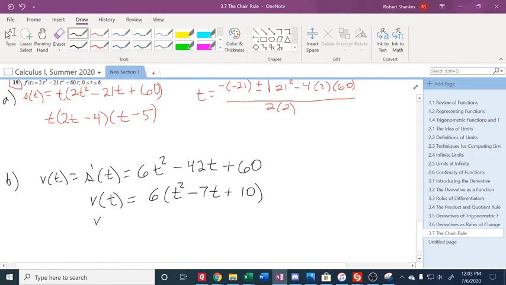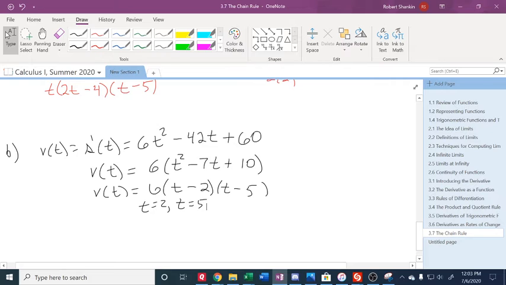Now this factors; the two numbers multiplied to be 10 have to both be negative. And then I can see that t equals 2 and t equals 5 are when the velocity is 0, because we're going to get 0 for this equation.